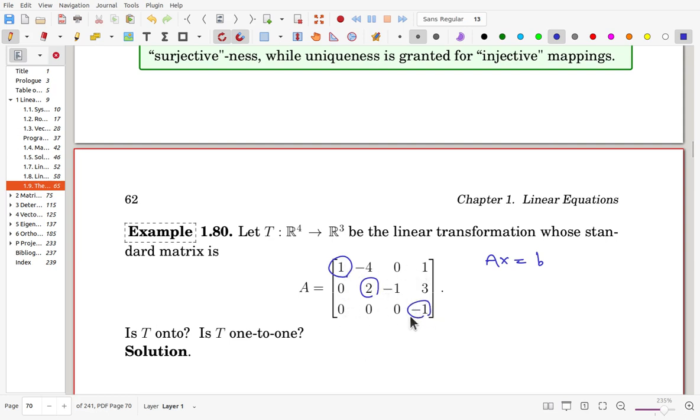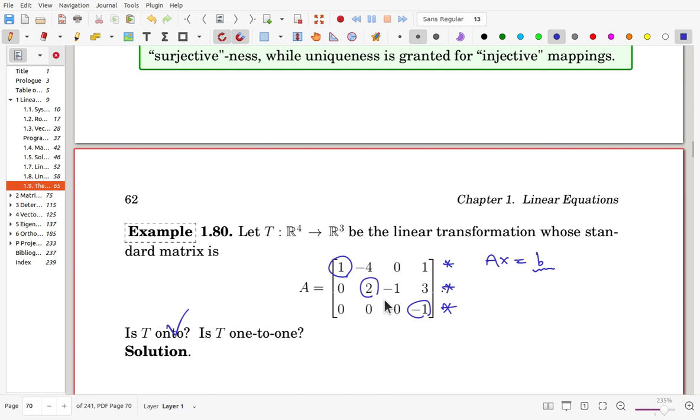Each row of the matrix has a pivot, which means that when you solve this linear system and form the corresponding augmented matrix, you have a solution for any choice of the right-hand side, so it is consistent and solvable for any choice of b. So it is onto.